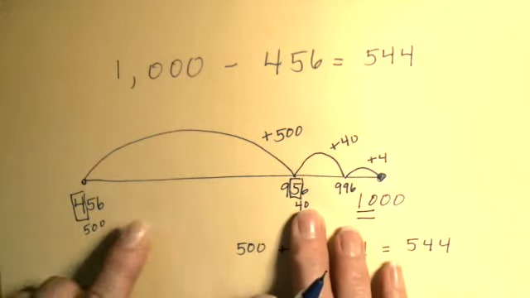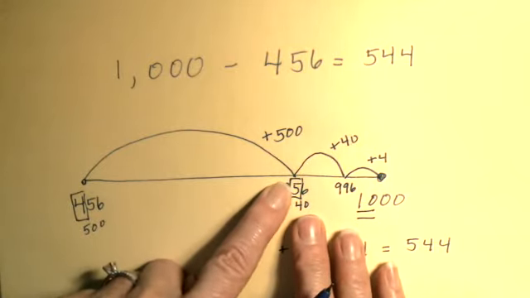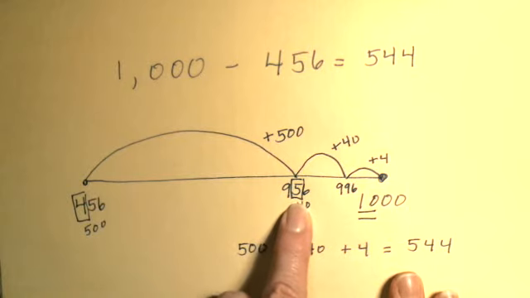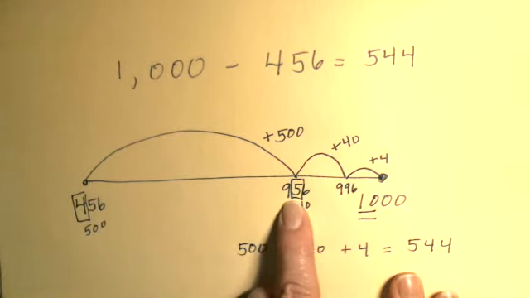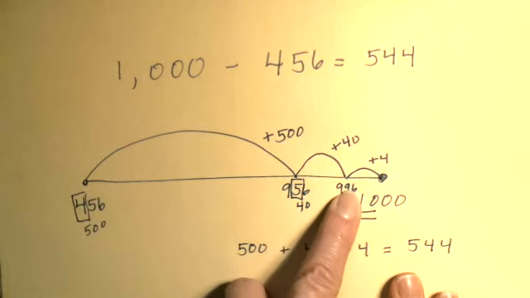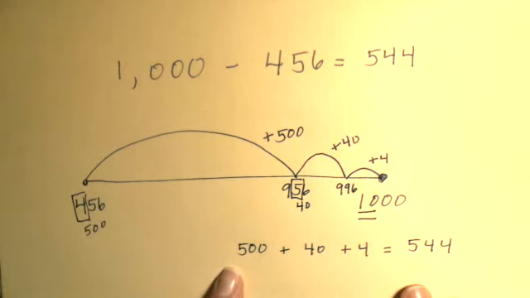Then when we used as many hundreds as we could without going over, we went to the tens place. And we added as many tens as we could without going over, and then we went to the ones place. And we got 544. Those are two strategies that you can use to subtract.